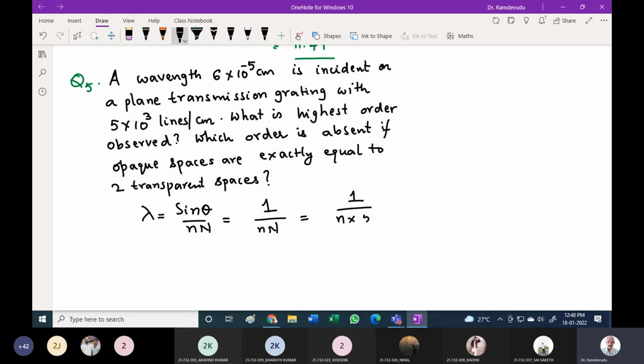Capital N they have given us as 5 into 10 to the power 3 lines per centimeter. Then n is equal to 1 by 5 into 10 to the power 3 into lambda. They have given lambda as 6 into 10 to the power minus 5. You will get the highest order. How much are you getting as the highest order? Can you tell me?